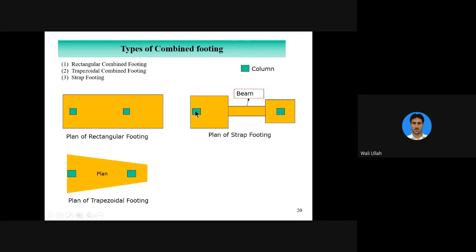This is one column, this is another column, this is the foundation under this column, and the foundation under this column, and both are combined with a rigid beam. If you have any question, you can ask.